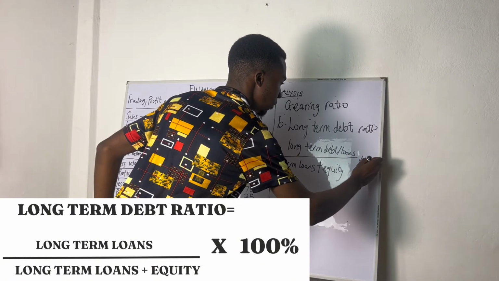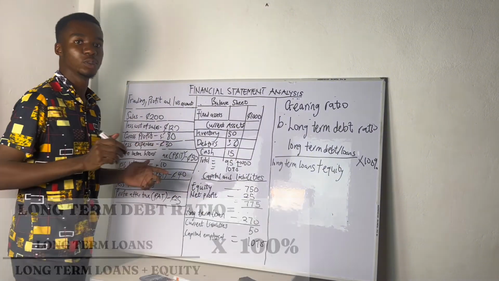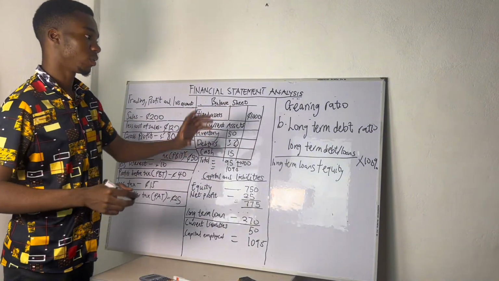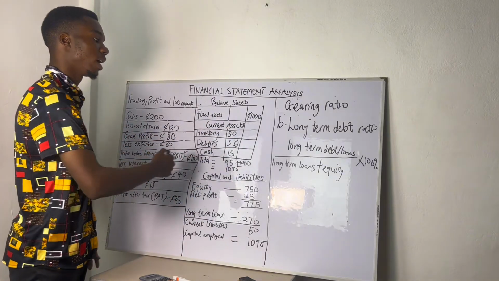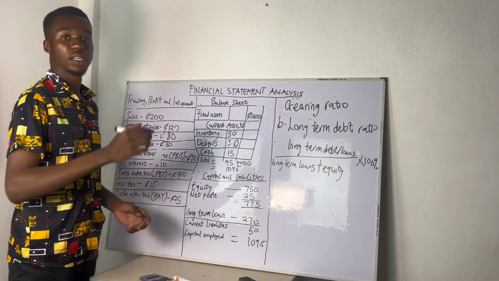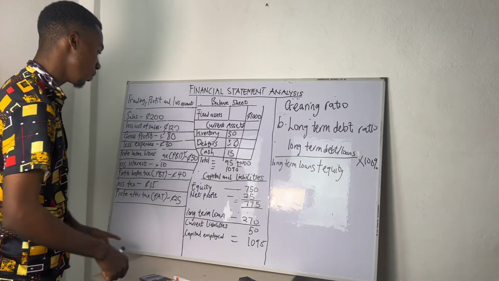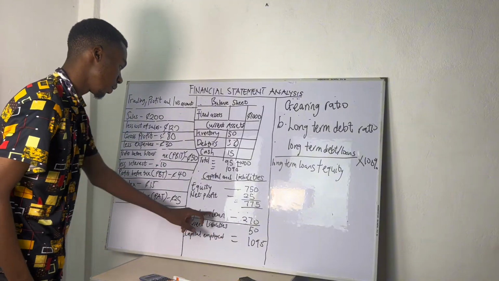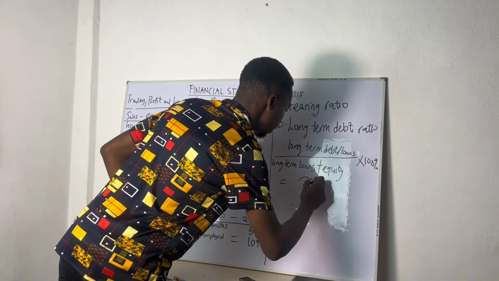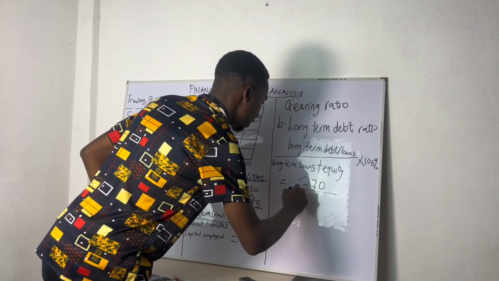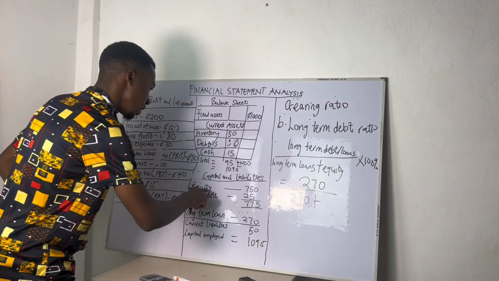times 100%. So if you want to see if the company is surviving on the loans or the shareholders' wealth, you use this one. And what is the long-term debt? The value here is 270. Long-term loan, 270. So we have 270 over long-term loans again, 270 plus equity. And where is equity?